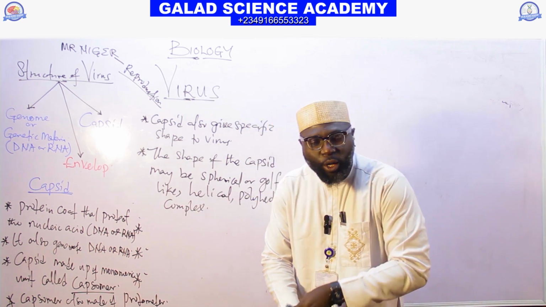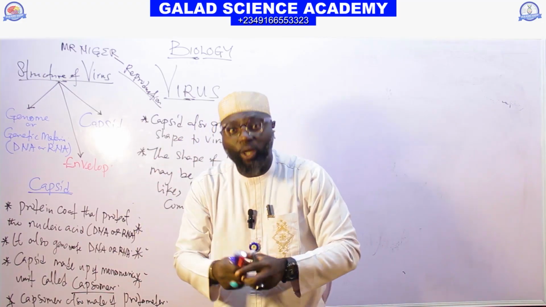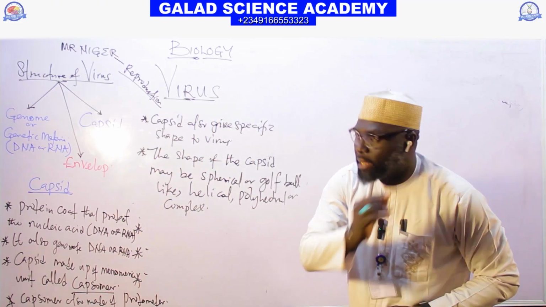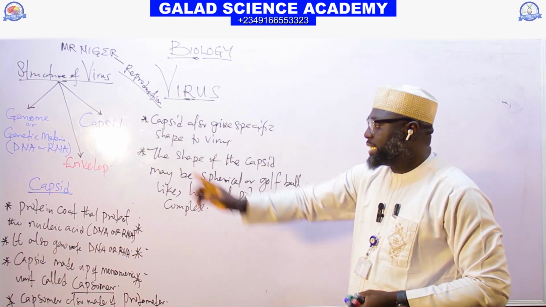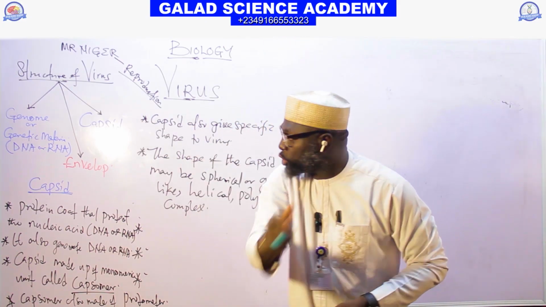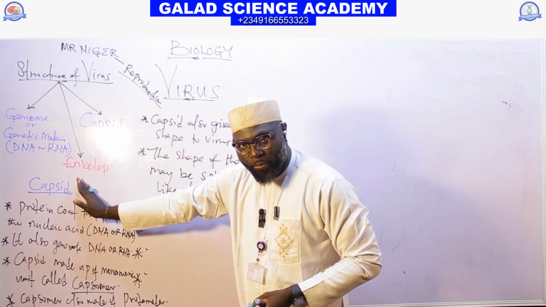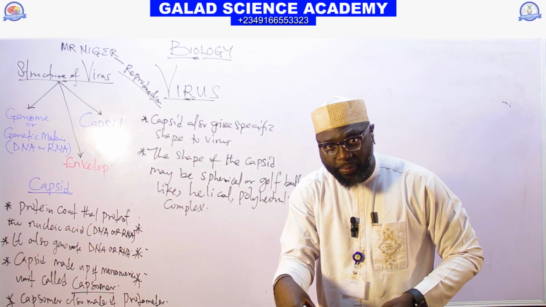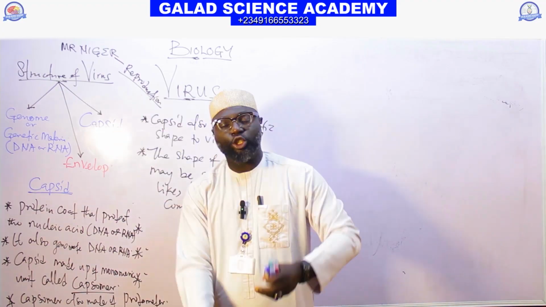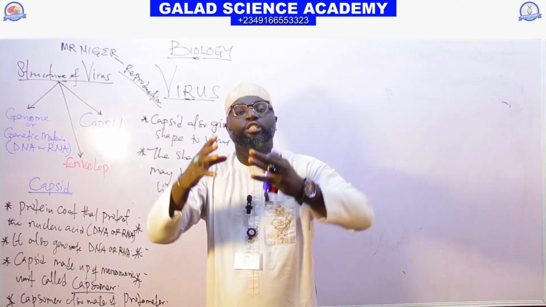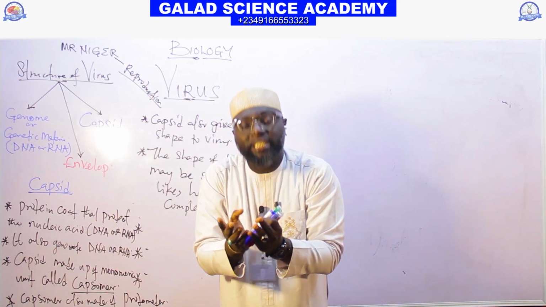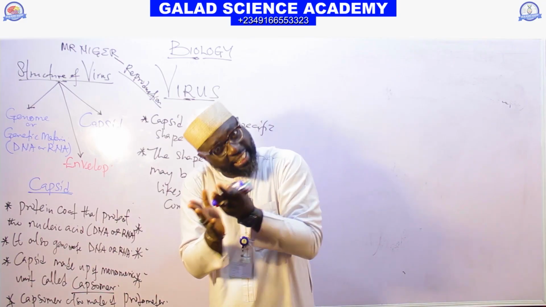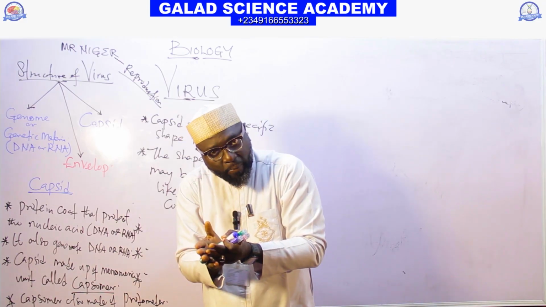We are still on the layer that surrounds the virus. The protein layer is called capsid, which protects the internal structure of the virus, which is DNA and RNA. The capsid also produces the genetic material we have inside the virus.